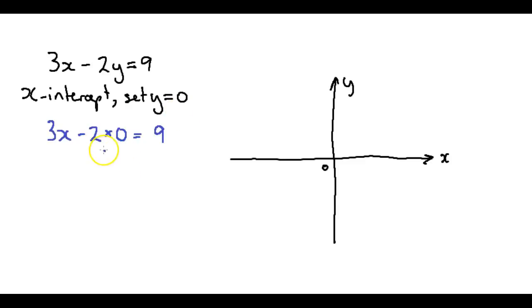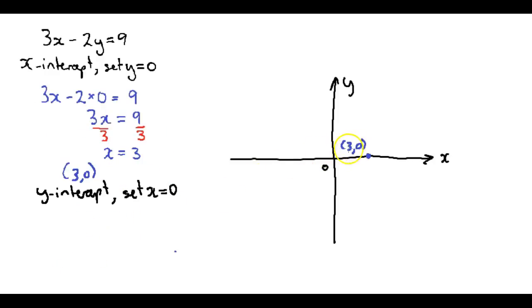So this disappears and leaves 3x equals 9. And we divide both sides by 3. And it gives us x equal to 3, so our x-intercept is 3, 0. So we mark the x-intercept on our sketch.